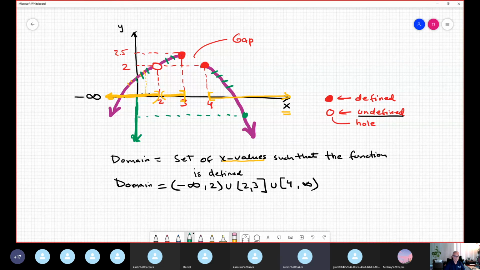This goes down to negative infinity. Here we have 2 and a half, or no, not 2 and a half. Why not? Because here there is no value, but this is a coincidence. This circle is defined, it overlaps this hole, and together they give me a defined value.